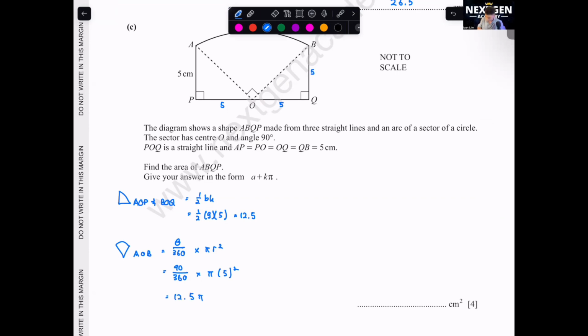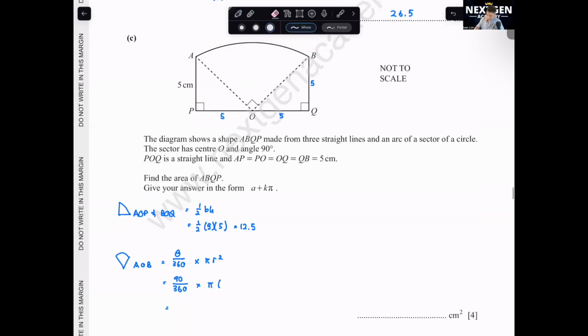Okay, sorry, it is 6.25 pi. Oh, sorry, you're right. I made a mistake. Okay, it's not 5, my value is wrong. Okay, thanks, Ariel. Testing to see whether you're still awake or not.